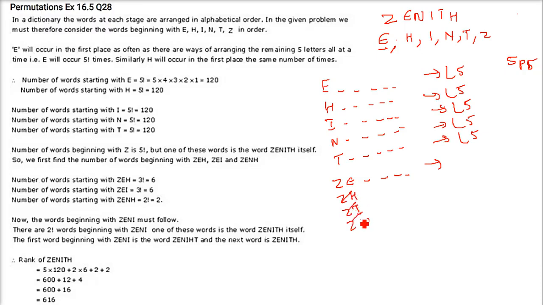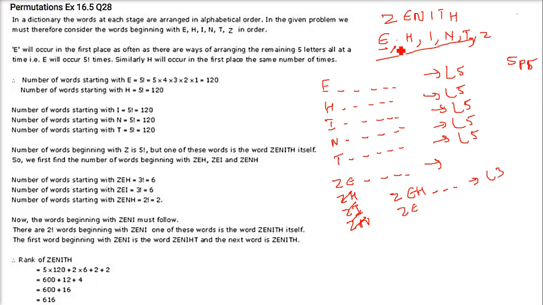No. Why? Because zenith will come after this only. So we will try to make more combinations here. After Ze, what will come? You always have to go this way. Ze, H will come. Now 3 places are remaining. This will be factorial 3.